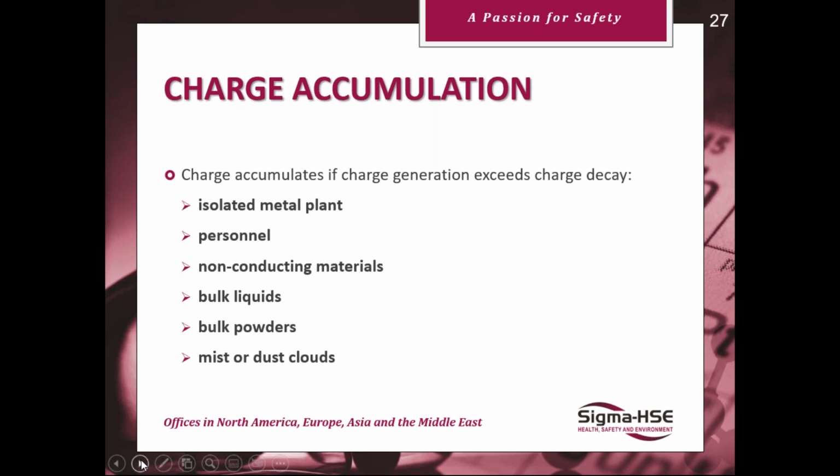In these cases, the charge generation is building up faster than you can get rid of the charge, which means it's going to accumulate and get bigger and bigger and stronger.